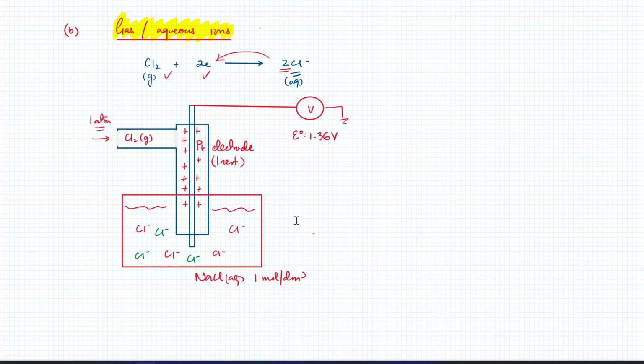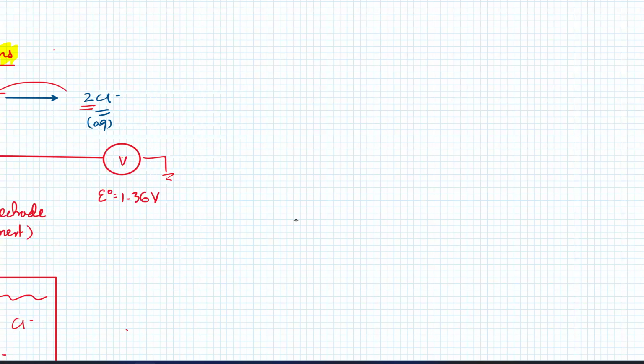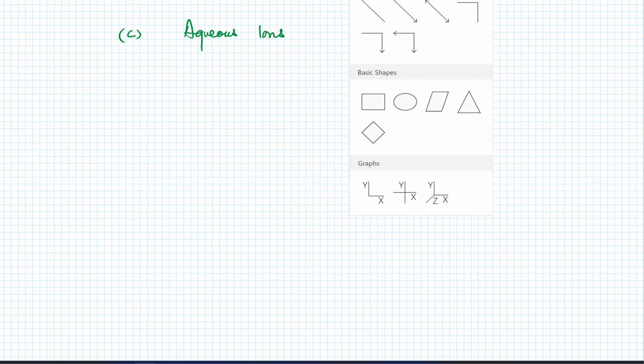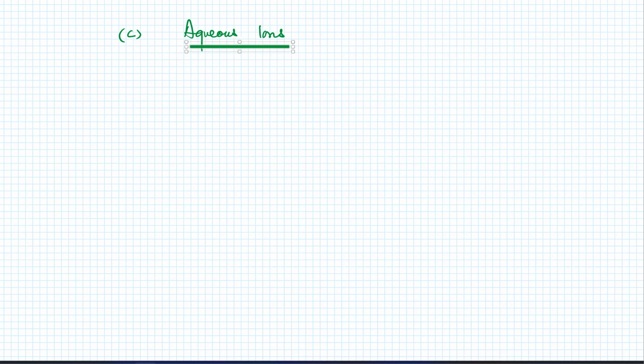Let's do the third one. There's another type of electrode, that's part C. What if you're investigating who wants to gain electrons, who wants to lose electrons, and they're just ions? If your solution only has aqueous ions, so you want to figure out, let's say this is the thing that you're trying to figure out.